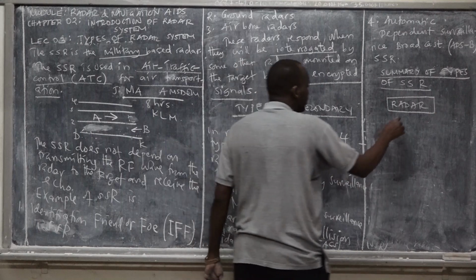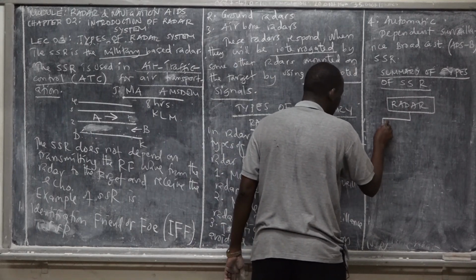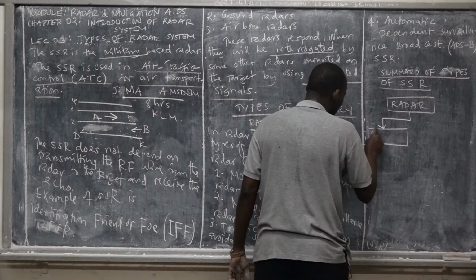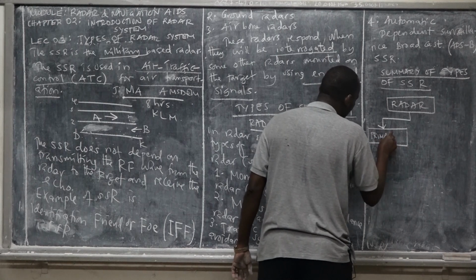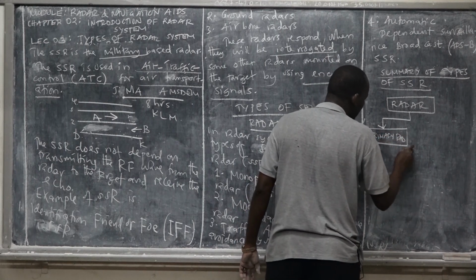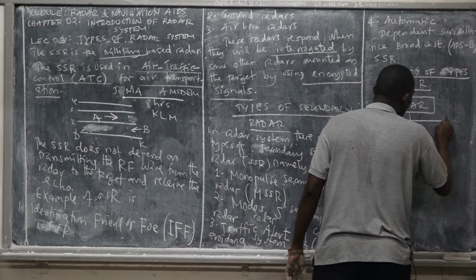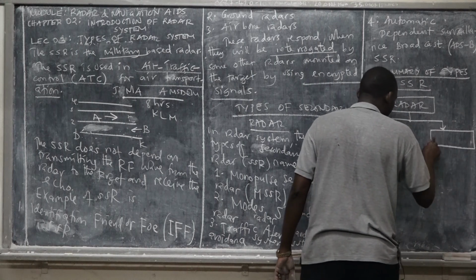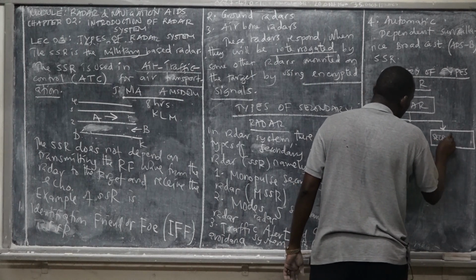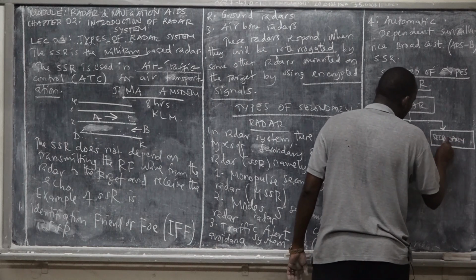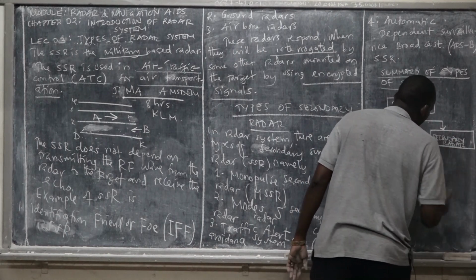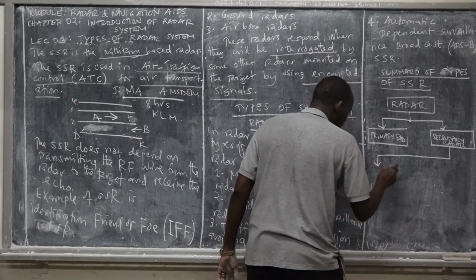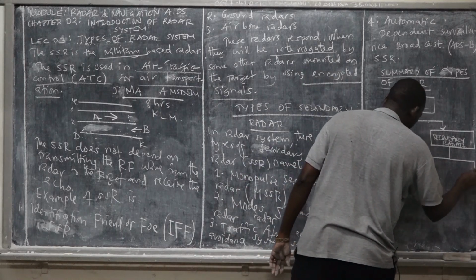And then we have two types of radar. The first one is called the primary radar. The second one is called the secondary radar. So then we have four types of secondary radar.